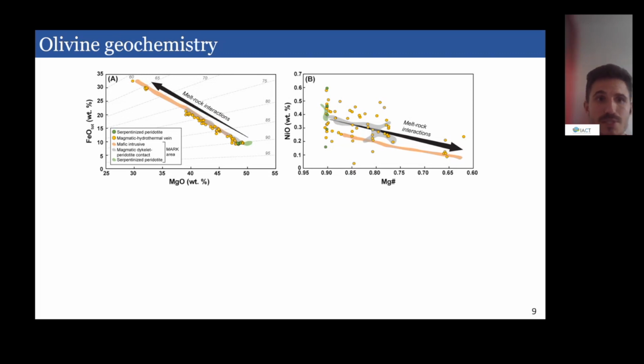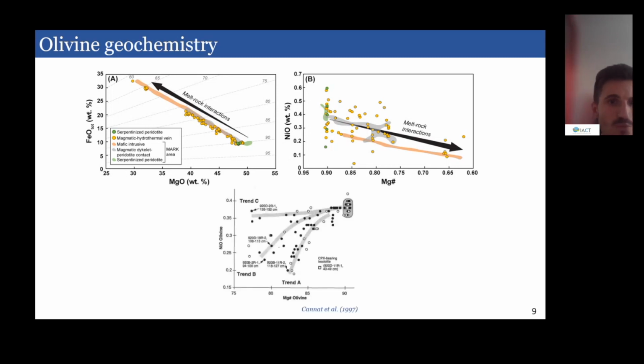And so to test this, we performed some geochemical analysis on the mantle silicates, so olivine, which is a major silicate in our mantle rocks. And so we observed that olivine at the contact with the magmatic veins, represented in orange, are quite enriched in iron and depleted in nickel compared to the olivine which are far away from these magmatic veins and which are represented here in green.